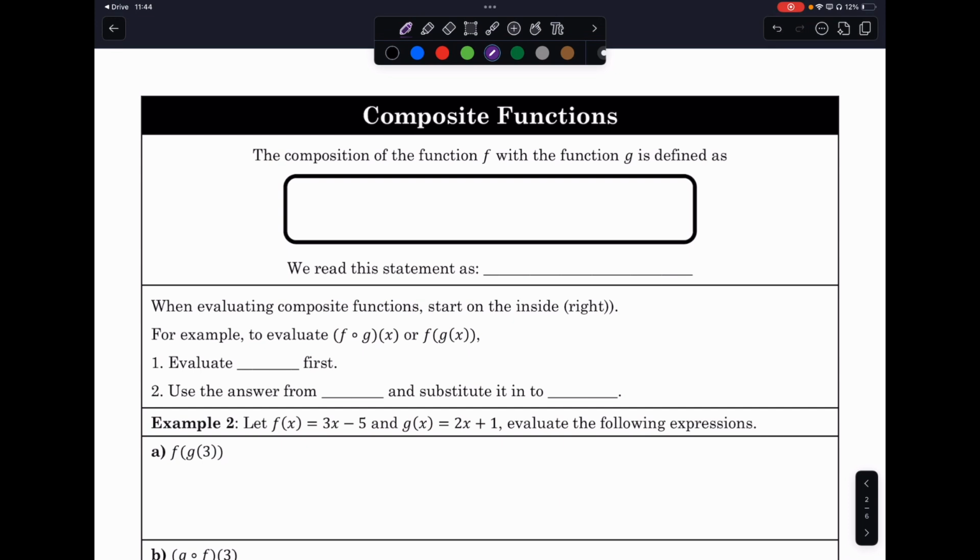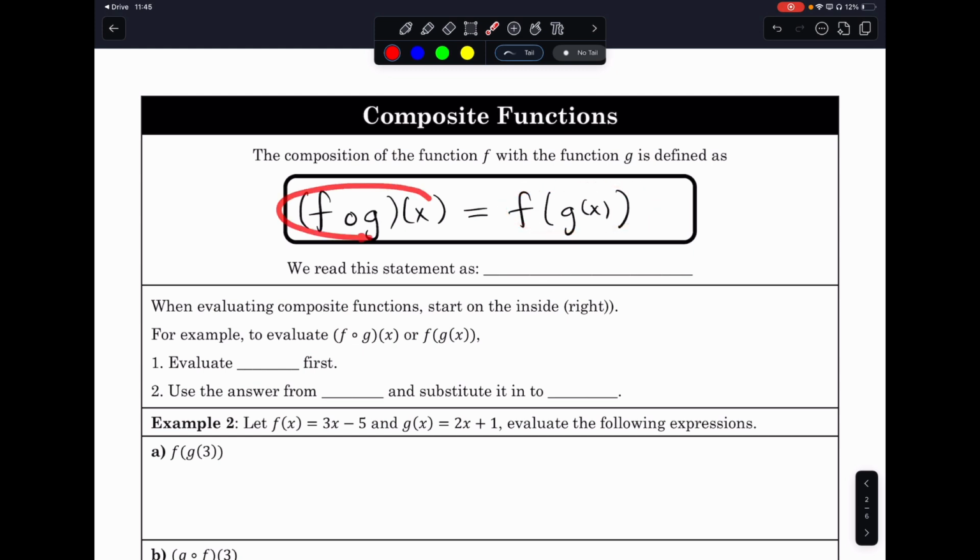So let's talk about what a composition function is and what the notation is. The composition of the function f with the function g is defined by this notation. Let me do it in black. F of g of x, which is denoted in this term right here. So it's defined as this.